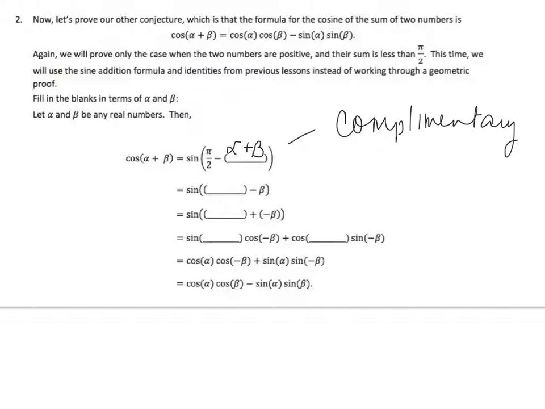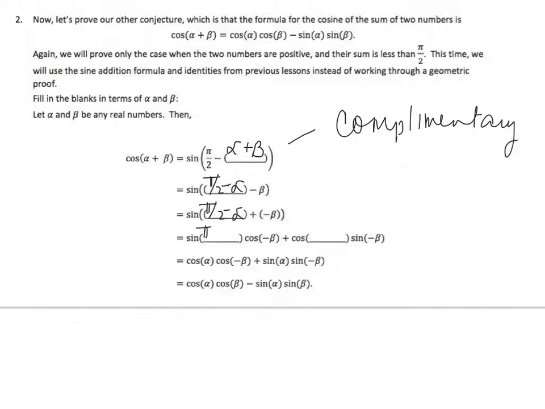Okay, do a little simplifying. Sine of pi over 2 minus alpha minus beta. That negative just had to distribute through. Gives us sine of pi over 2 minus alpha plus a negative beta.